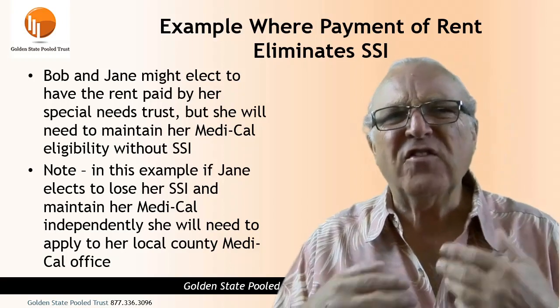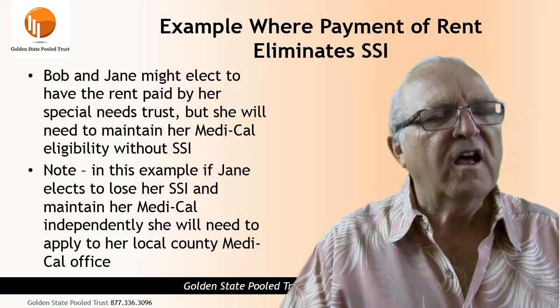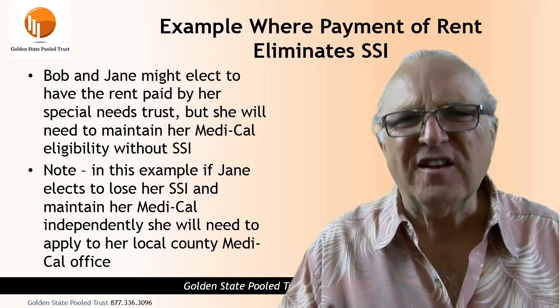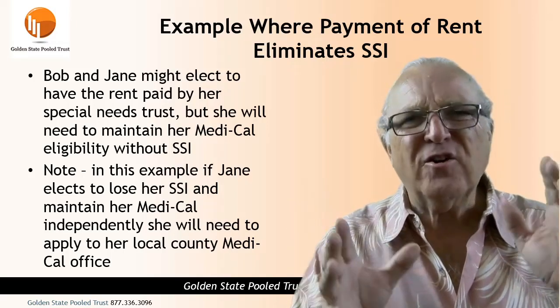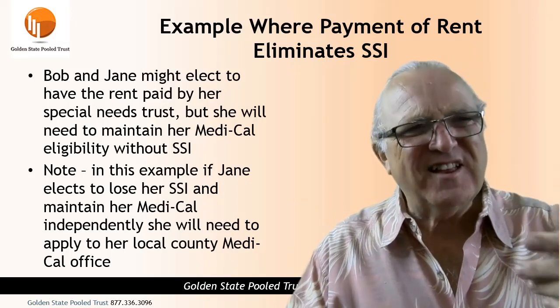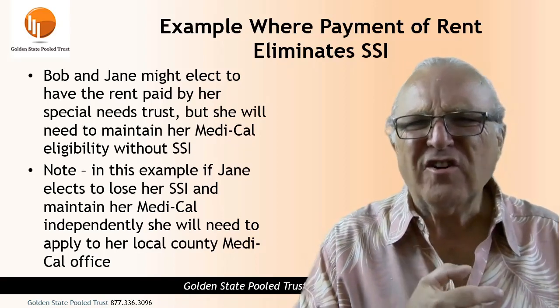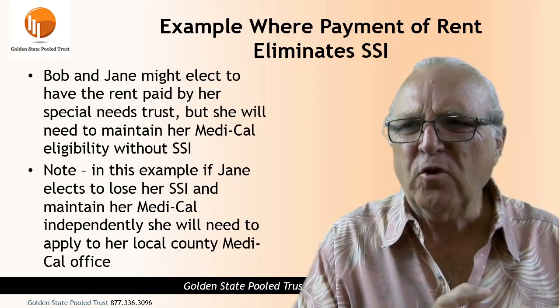Now, here's a couple of things that, if I were the trustee counseling her on this, maybe there's some other benefits of dropping the SSI altogether. Because in this case, we're paying her rent, and she is going to get $100 and some less. But also, once she's off the SSI, she's not going to have to be as accountable as she was before.